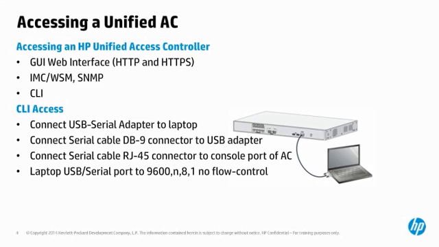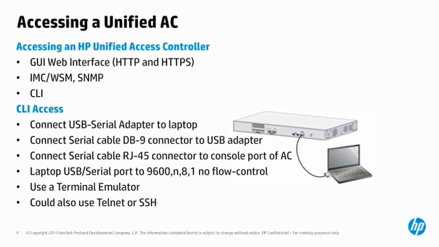Your USB serial port should be configured for 9600 baud, 8 data bits, 1 stop bit, no parity, and no flow control. You then install and run a terminal emulator software package on your laptop, such as HyperTerminal, TeraTerm, PuTTY, or SecureCRT. You can access this same CLI via a network by using Telnet or SSH.